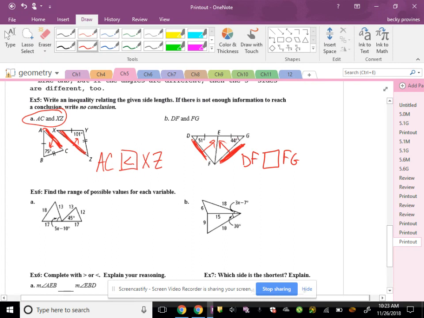I mean, I know that this angle here is 51 and this angle is 44, but I don't know anything about the exact angle that's opposite. So they're trying to fool you. So what does it say to write if you can't figure it out? It says, if there's not enough information to reach a conclusion, write no conclusion. Okay, so we're not going to write anything out. And I'm okay if you just write NC, no conclusion.